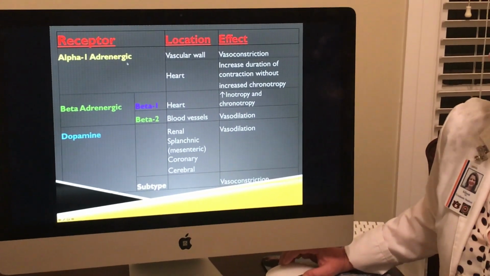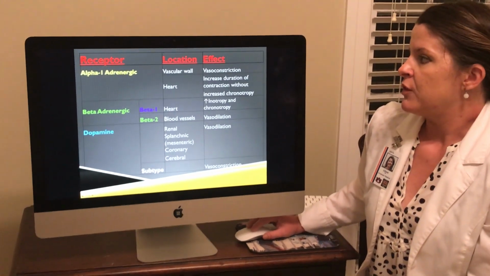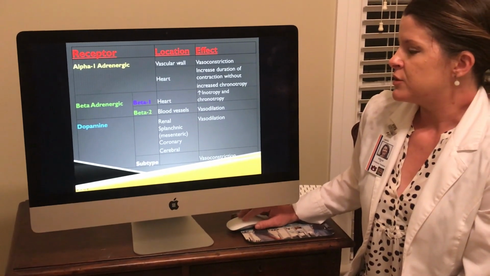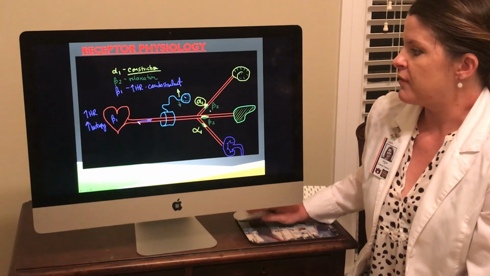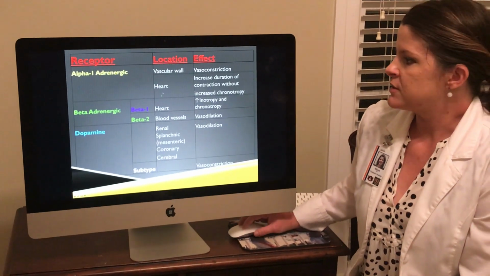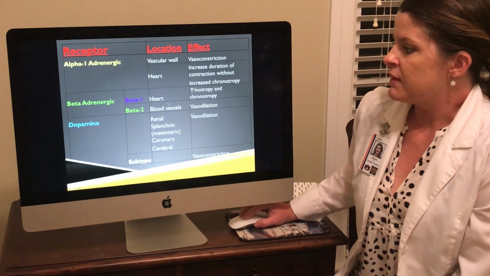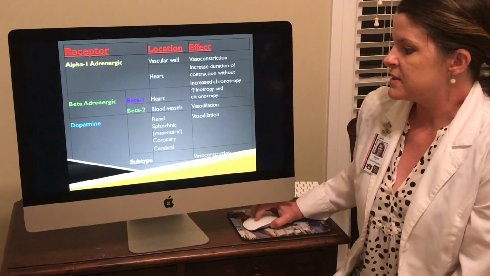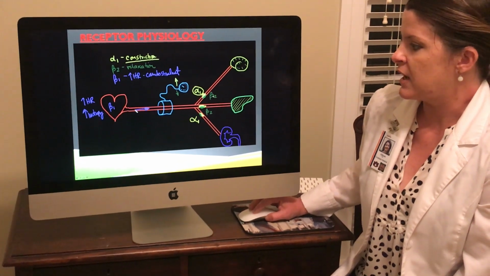So we have your alpha-1 adrenergic receptors on the vascular wall causing vasoconstriction. And you're wondering, how is it going to vasoconstrict and vasodilate? Well, we come down here and we see that the beta-2s act on the blood vessel, vasodilating.